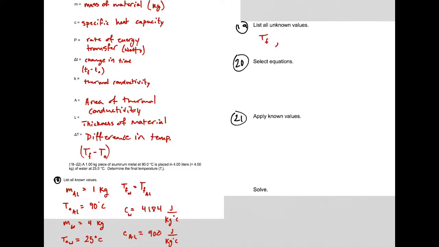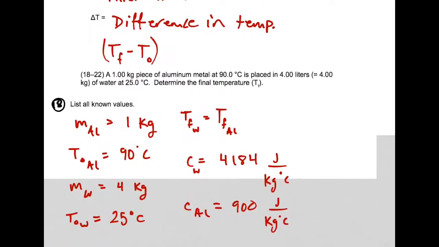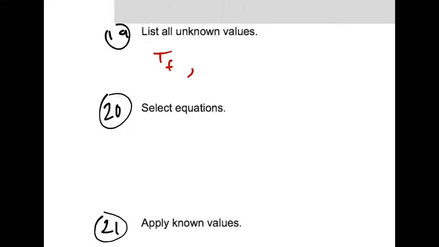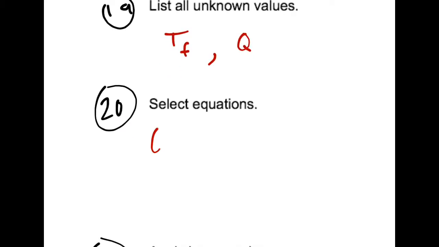Let's see. Select equations. Do I know the energy transfer? I do not know the energy transfer. So I don't know Q, which is the energy transfer between the two. First, I know that Q for aluminum is going to be the same as Q for water.